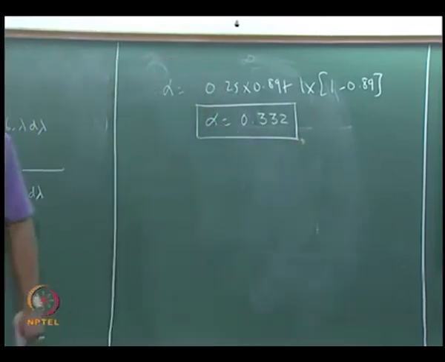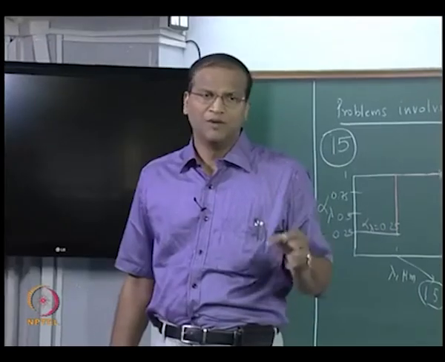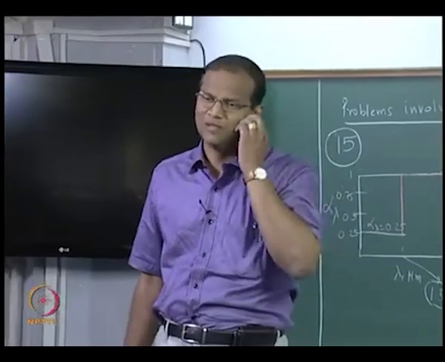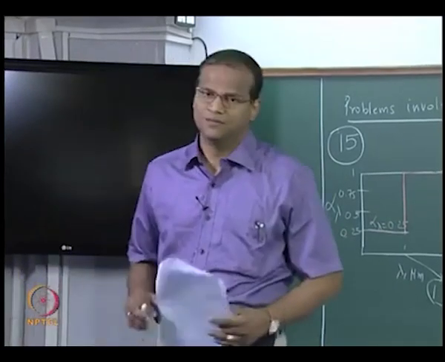So the absorptivity of the surface is 0.332. What absorptivity is this? Solar absorptivity. If it is absorbing radiation, let G be 800 watts per meter square, but if it is coming from a source at some other temperature, it will change because it has got a spectral characteristic.